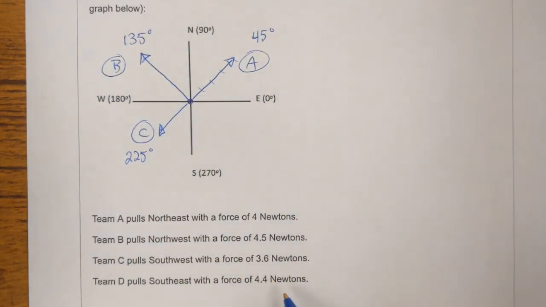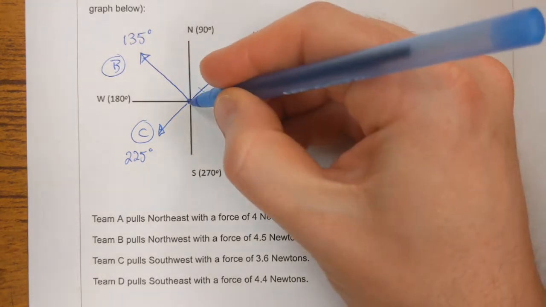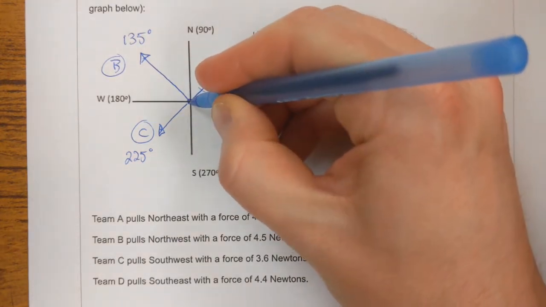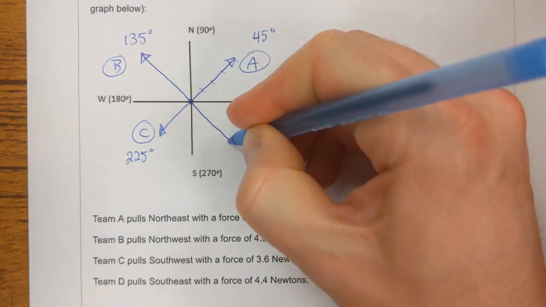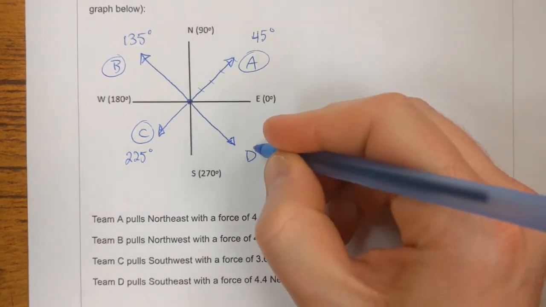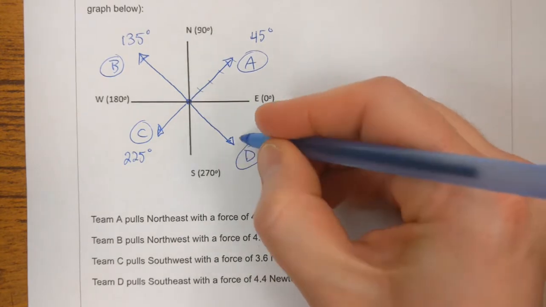Team D pulls southeast, 4.4, another very strong team, almost as long as Team B, and we say this is 315.